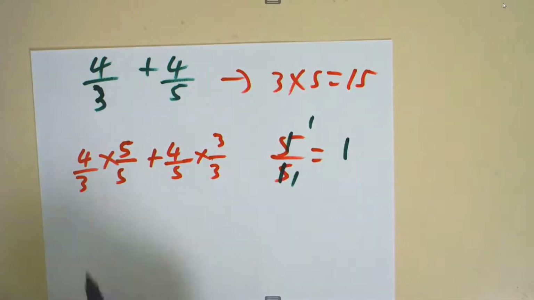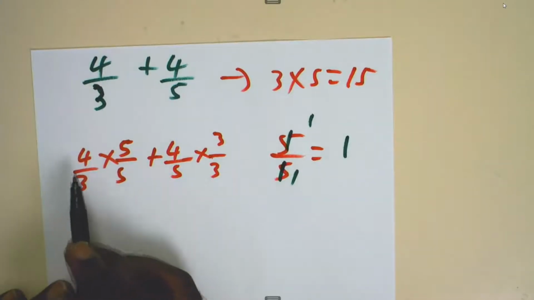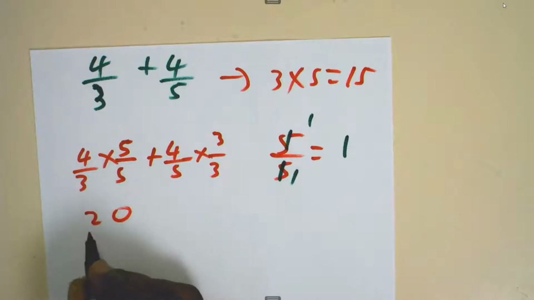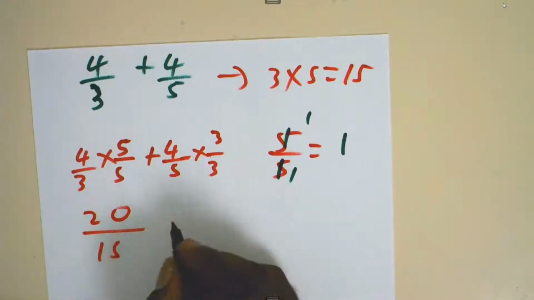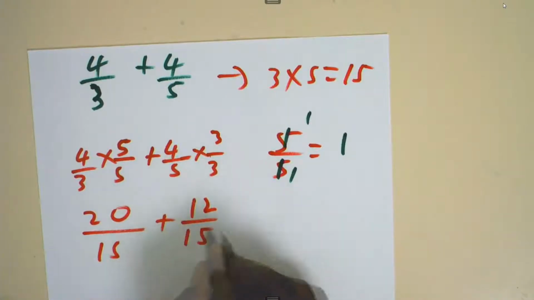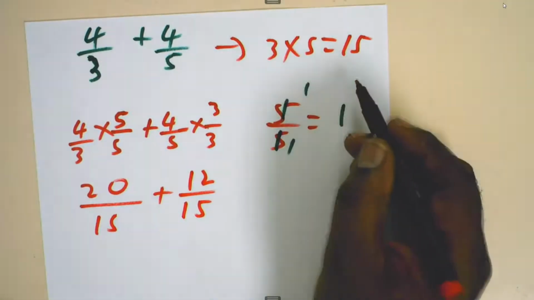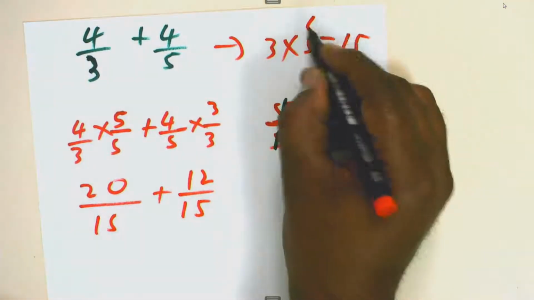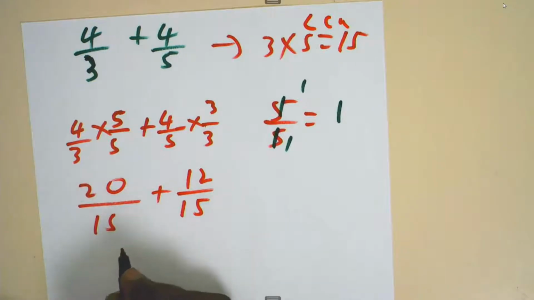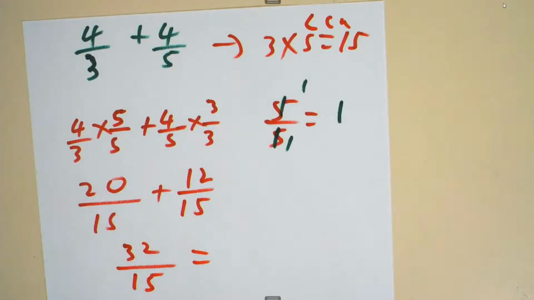Now, applying your mathematics. 4 by 5 is 20. 3 by 5 is 15. 4 by 3 is 12. 5 by 3 is 15. Therefore, like we said earlier on, our LCM, which would mean 20 plus 12 is 32 over our LCM, which is 15.